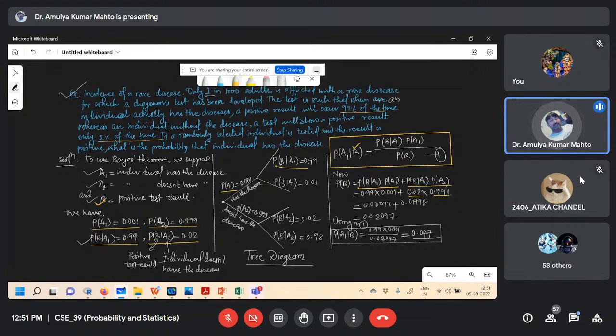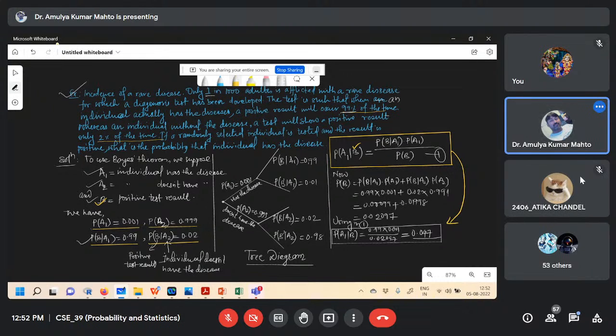Then you can calculate it. This will give you the value 0.02097. Then you can use this, and this will give you the probability of A1 given B.